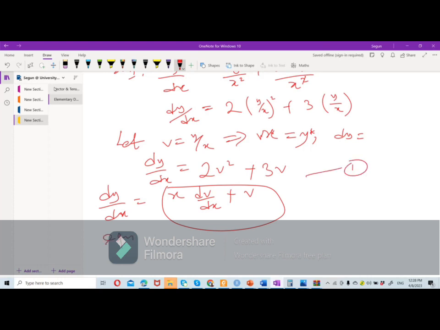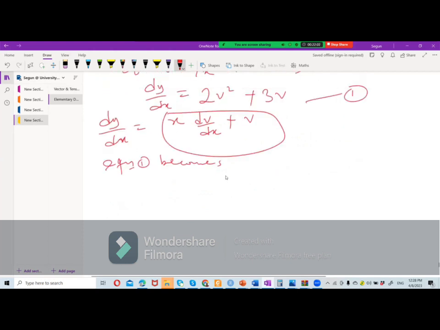Equation 1 becomes x dv/dx plus v equals 2v squared plus 3v.